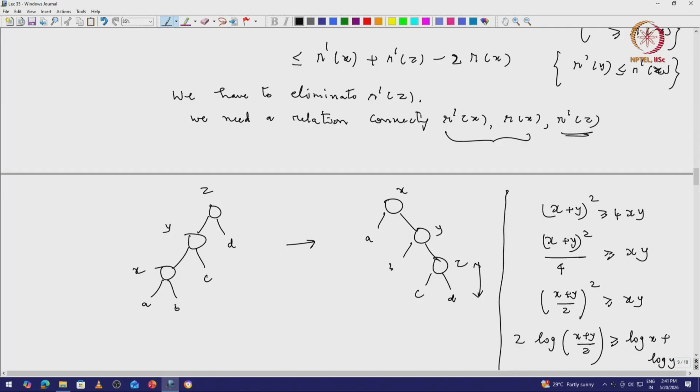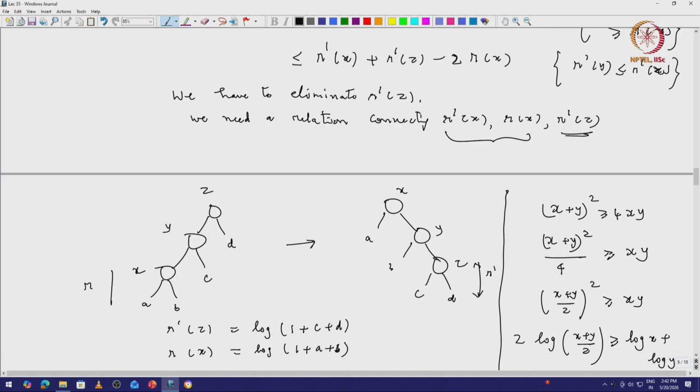So, r dash z is log of 1 plus c plus d. Okay. R of x is log of 1 plus a plus b. That is the beautiful part here. R of x is here, this is r of x, this is r dash.